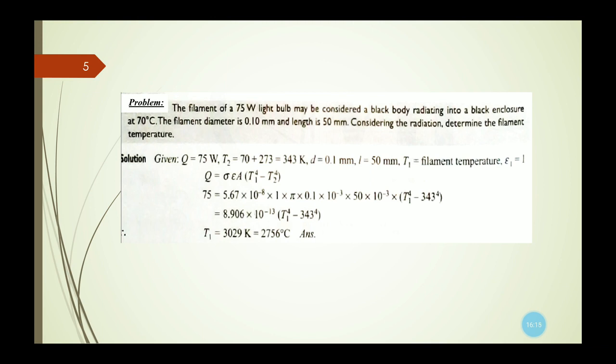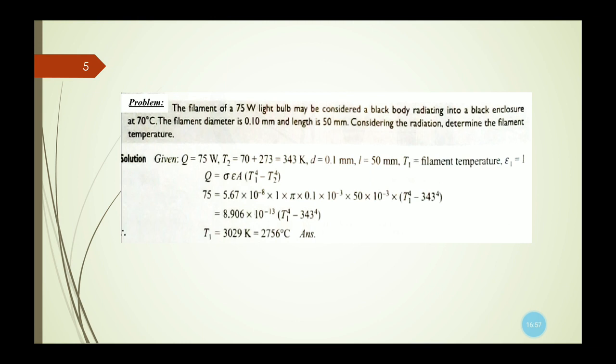Now T1 is the filament temperature, T2 is the temperature of the black enclosure, and epsilon 1 equals 1. Obviously the radiation will be in the black enclosure and from the black body, so epsilon 1 equals 1 here, the emissivity.